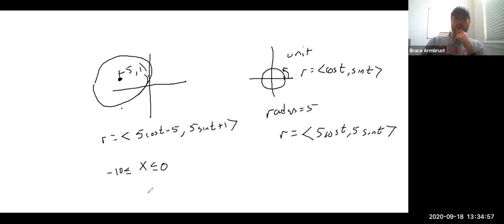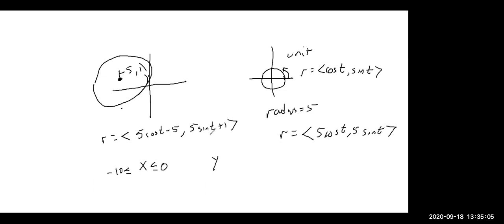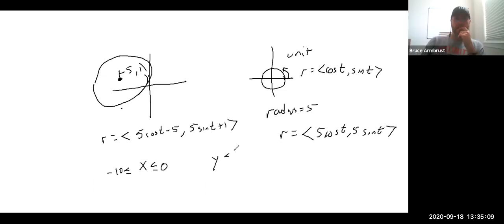So my x's are between 0 and minus 10. And similar here with y, if sine is equal to 1, then the biggest I'm going to get is 6, which would be at the top. And then the bottom is going to be minus 4, which would be at the bottom.